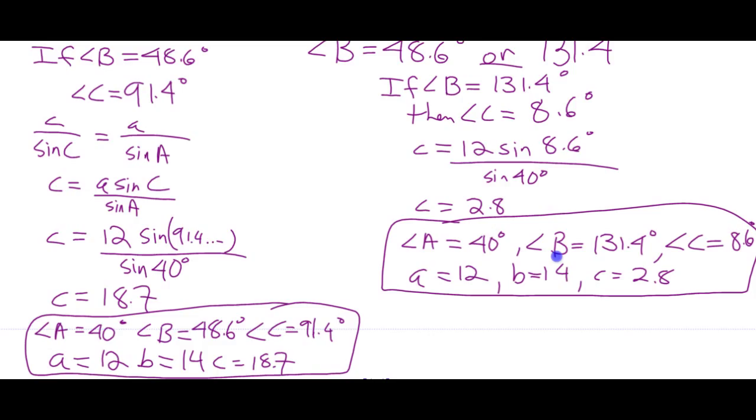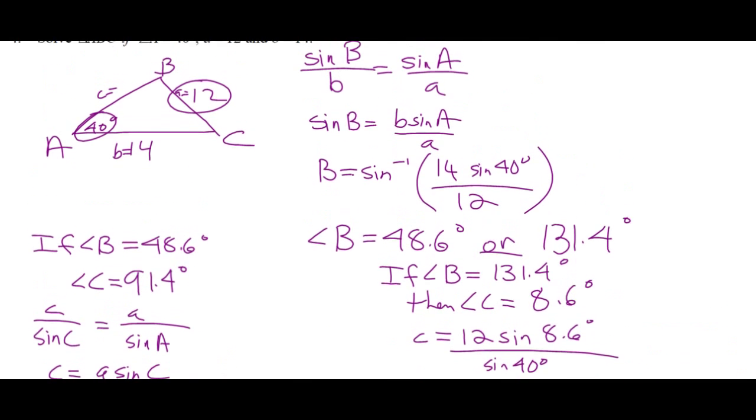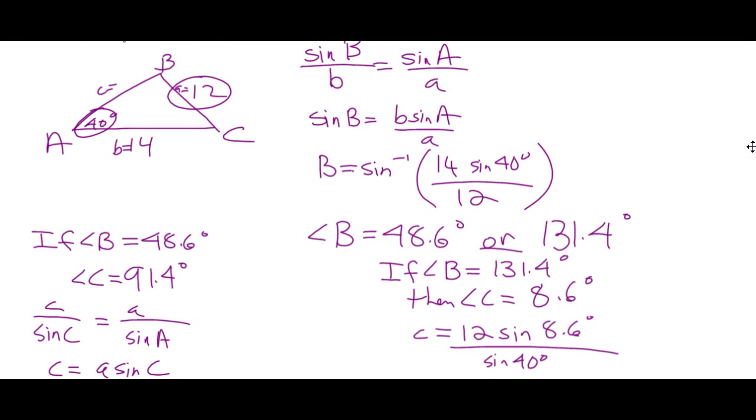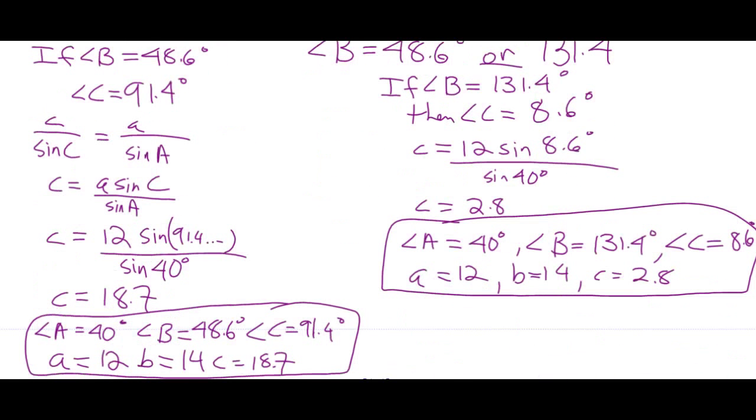This would be worth like 3 marks on a test. You're definitely going to get one of these on the test, unquestionably. Basically, you start off, work out angle B, and say, wait a sec, could be the ambiguous case. What are the two possible angles? Can I make two triangles? Yes, I can. Then I just need to go through all of this.